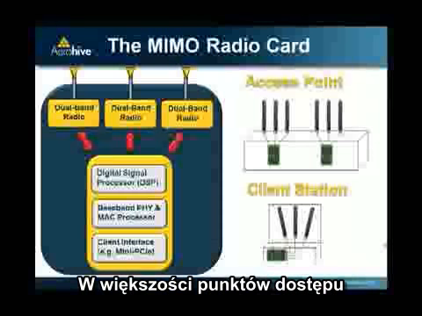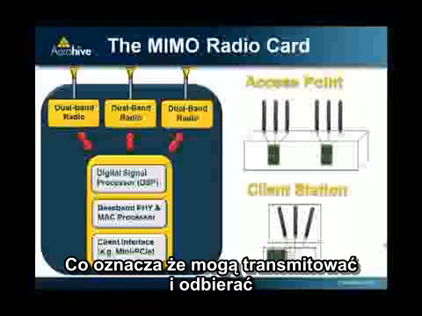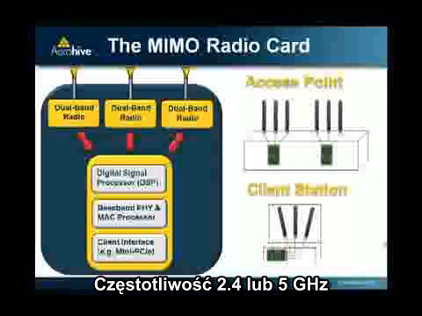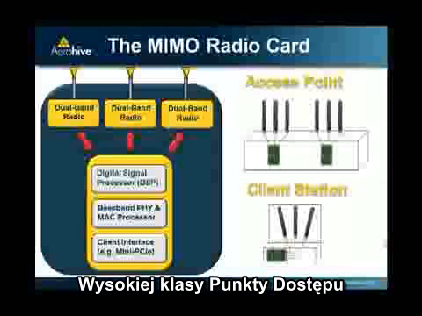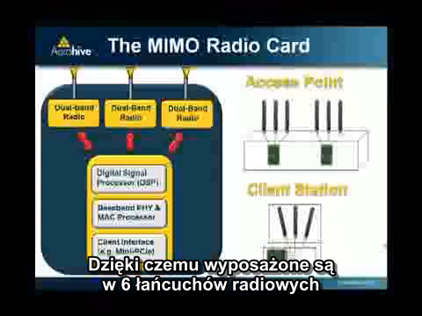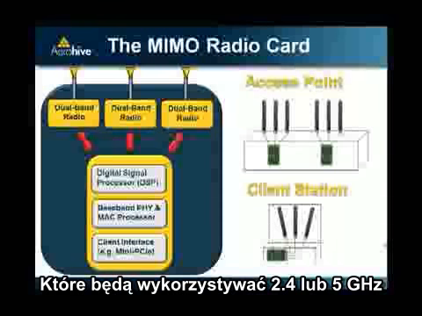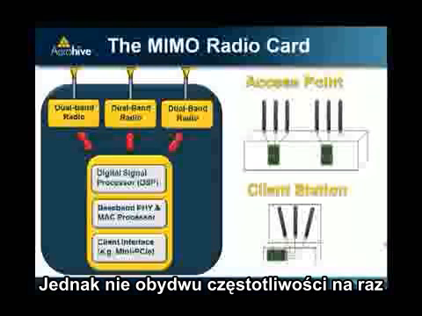For most access points, the radio chains are dual band, meaning they can transmit and receive in 2.4 or 5 gigahertz. Enterprise class APs generally contain 2 radio cards, meaning 6 radio chains, 3 operating on each band. A client station, if it's using a 3x3 radio, will also contain 3 radio chains, which can be used either on 2.4 or 5 gigahertz, but not both simultaneously.